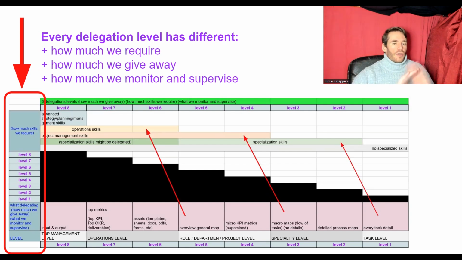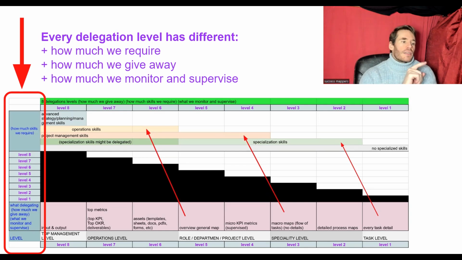So if you see the graph on the left, you see a summary of the different parts of this image. The first part is how much skills we require. So when we hire or when we select the person, there is an amount of skills required for every level, right?